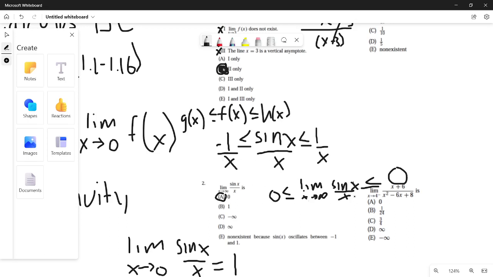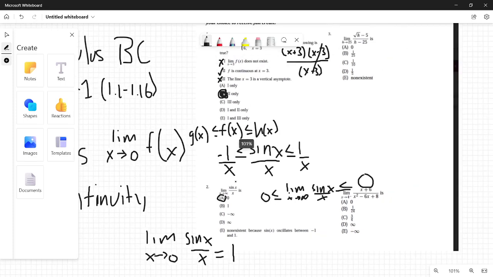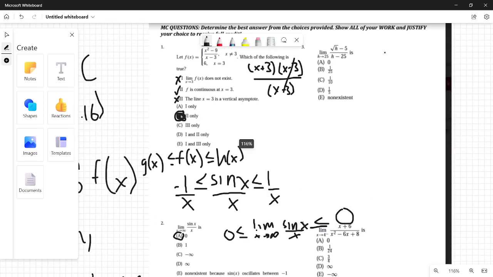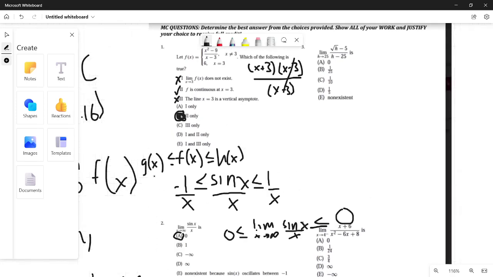As you see, when we come to the FRQ, it asks you specifically to do this with the squeeze theorem, and I'm pretty confident that something like that could show up. What did you just do? I divided the whole equation by x to emulate this original function, sine of x. My original function was just the bounds: sine of x is less than or equal to 1, and -1 is less than or equal to sine of x, because these are the original bounds.